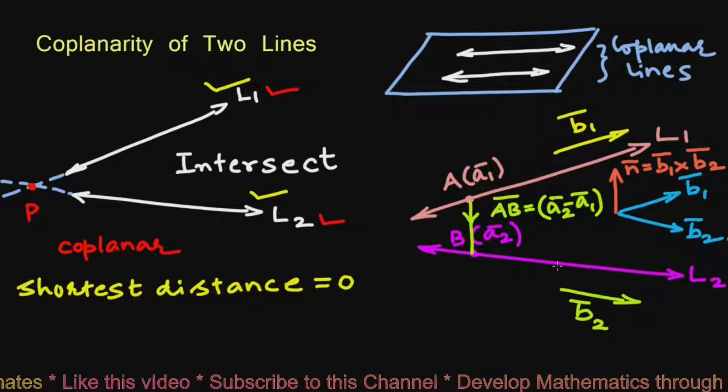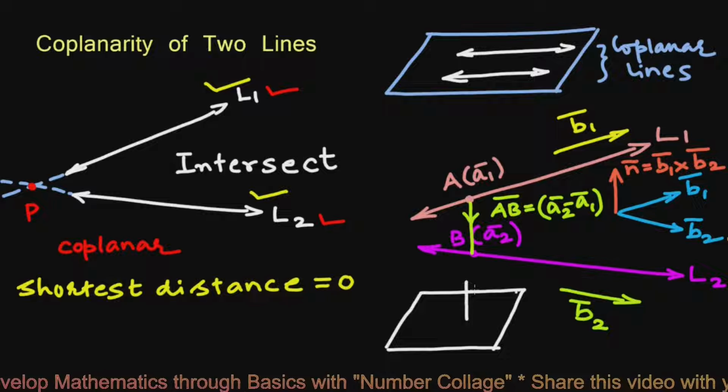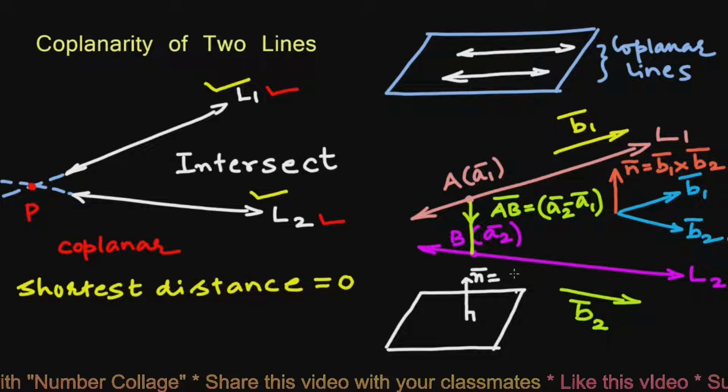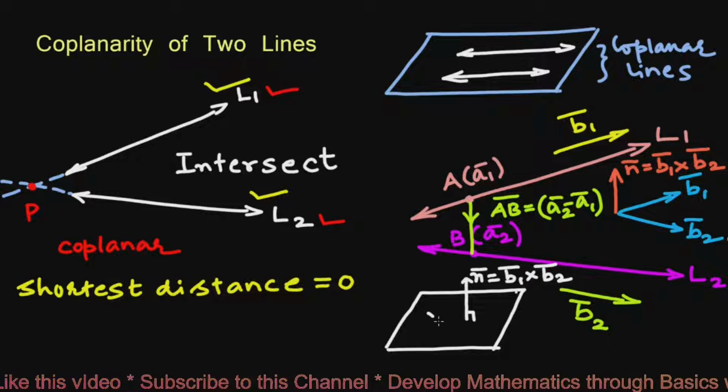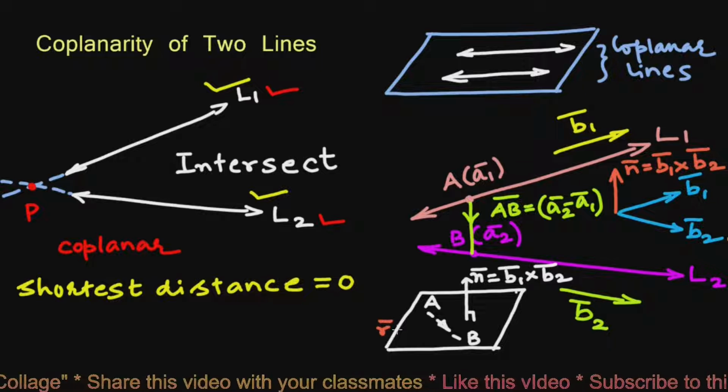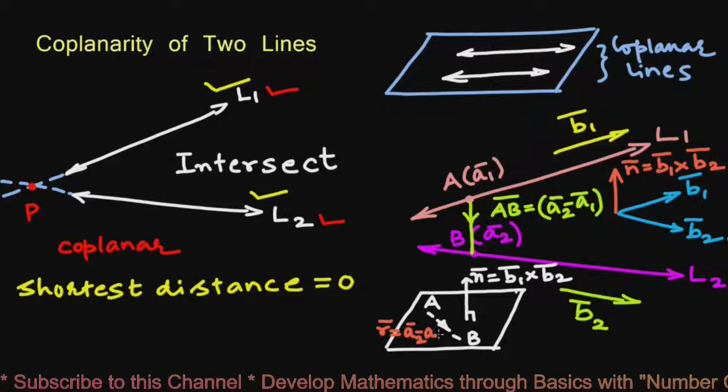Now if the situation is like this, there is a normal vector n bar equals b1 bar cross b2 bar and vector AB bar which is a2 bar minus a1 bar.